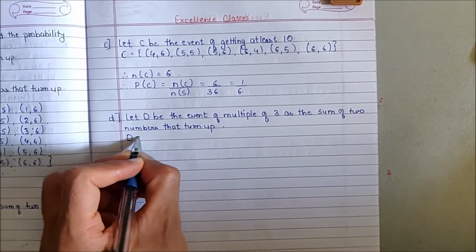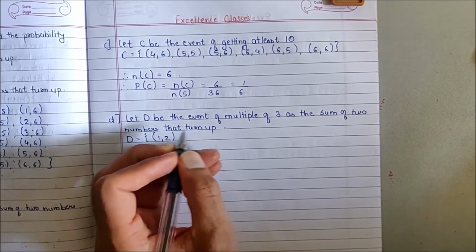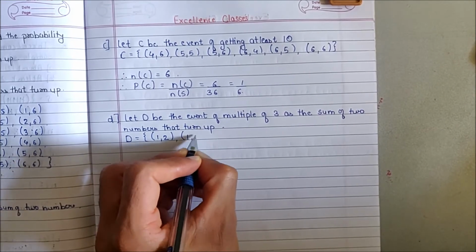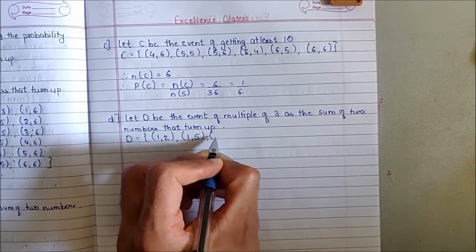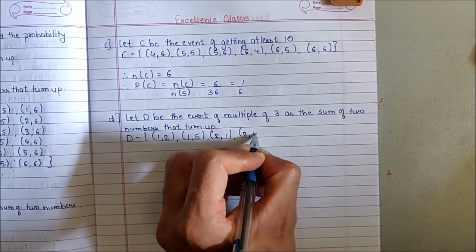So my event D is going to be 1, 2; 1, 5; 2, 1; 2, 4.